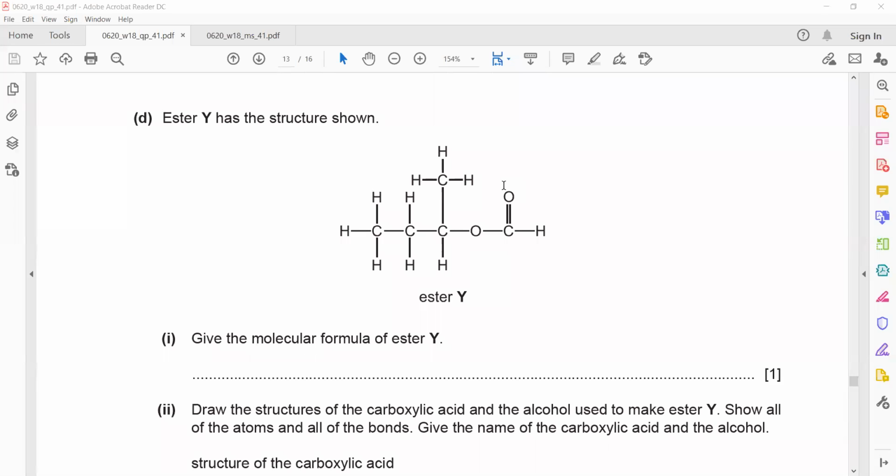So what are the actual numbers of atoms present in this compound? C5H10O2. C5H10 and there are two oxygens, so O2.